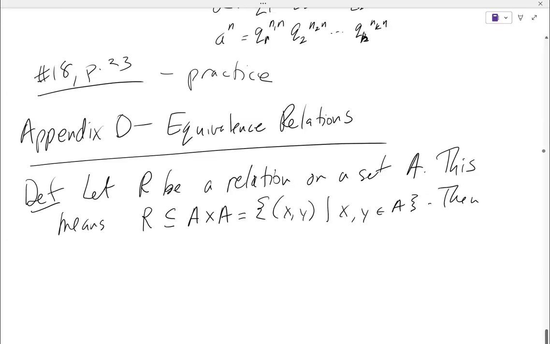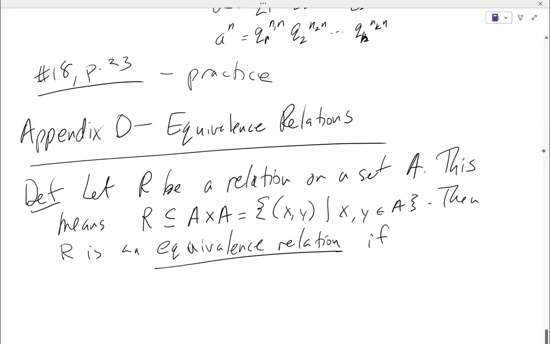For an equivalence relation, R is an equivalence relation on A if three properties are met.